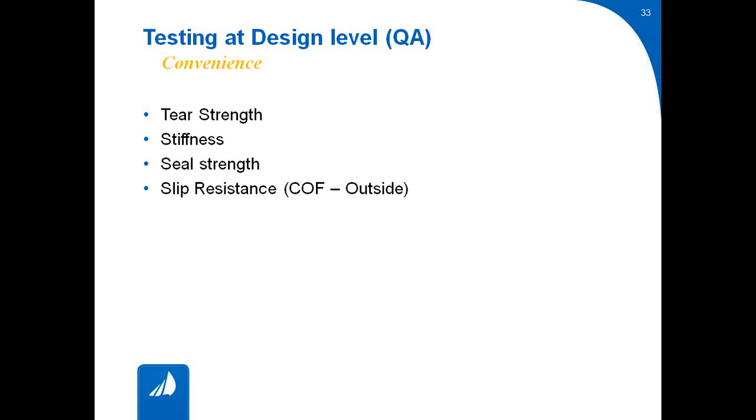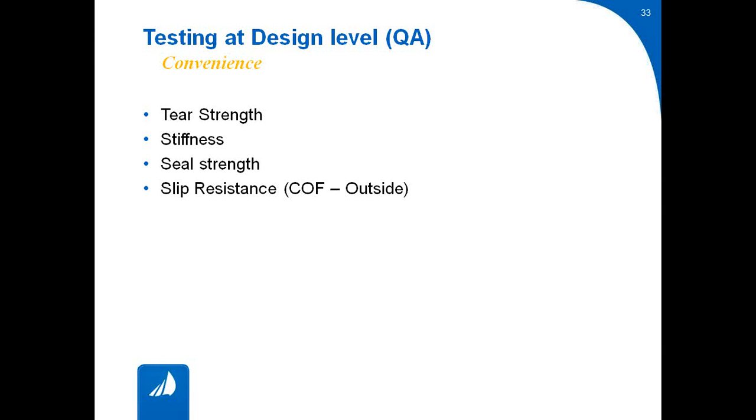The film used to close each of these containers, those lids, has to have a little higher seal strength with the container so that they don't come off when you are trying to separate. So seal strength is important.